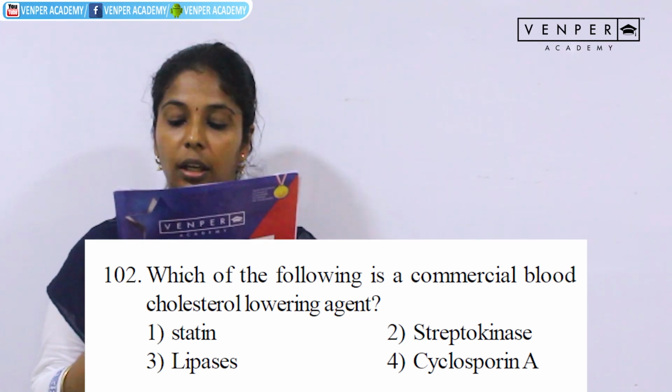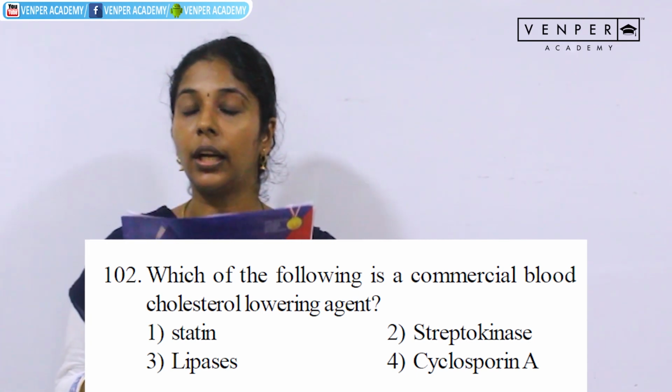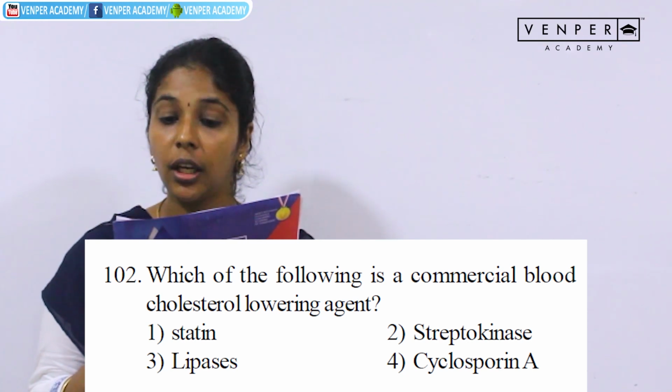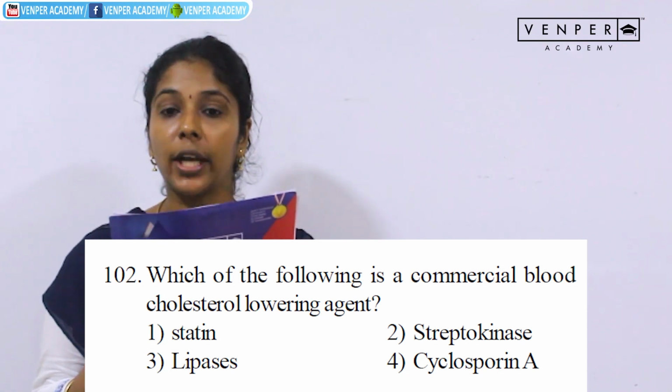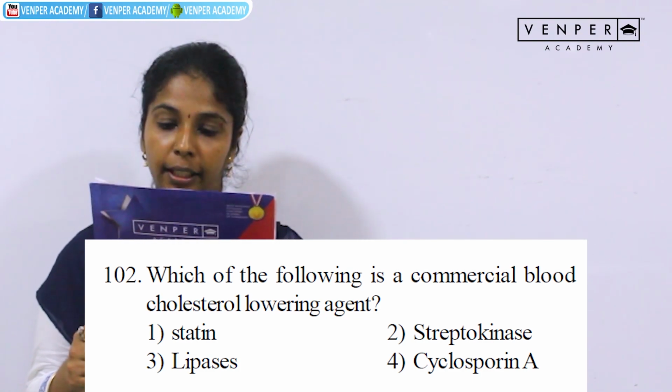Streptokinase is an anticoagulant. Lipases are enzymes which hydrolyze fat, and cyclosporin A is an immunosuppressive agent. The question is, which of the following is a commercial blood cholesterol lowering agent? So the correct option is statin.